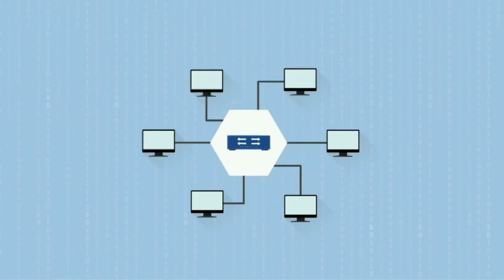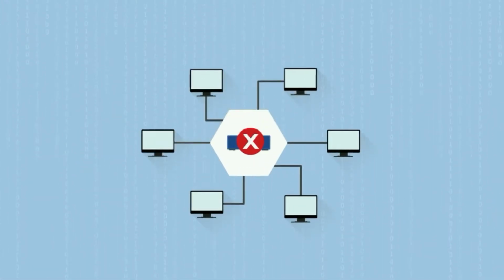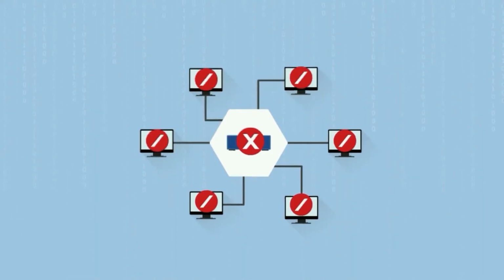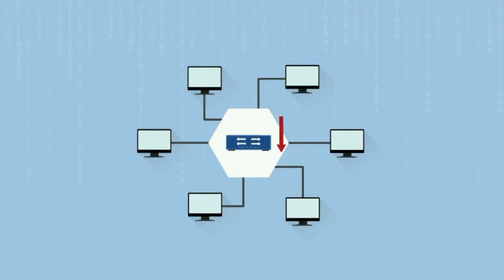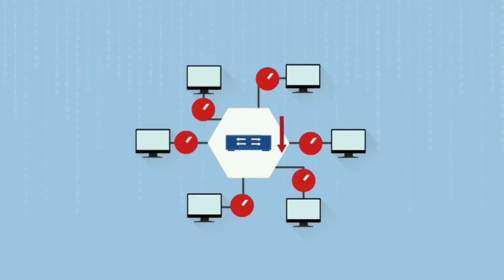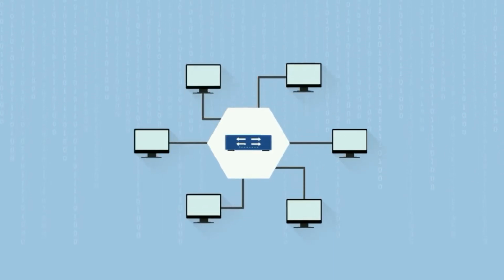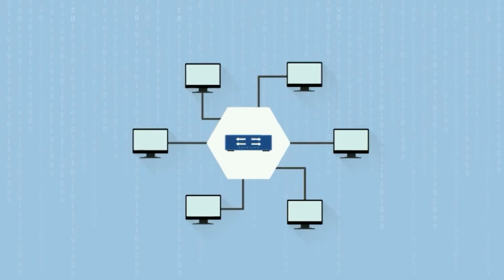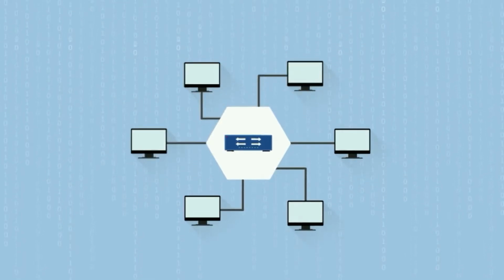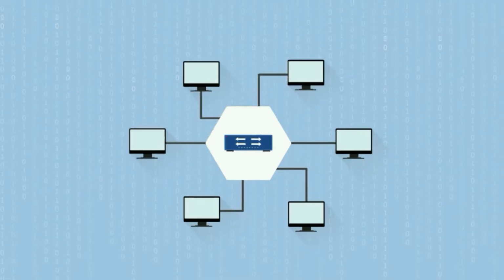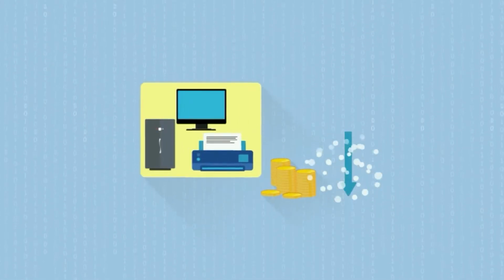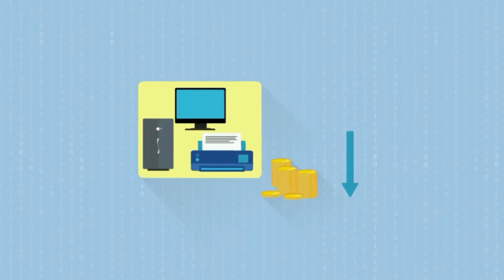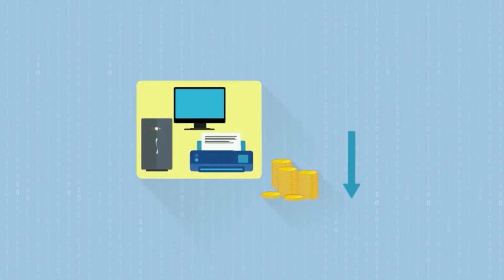If the central hub or switch fails, then everything attached to it will be effectively disabled. So in this very simple example, if that switch went down, clearly nobody could communicate with anyone. So in a lot of cases, you might see some redundancies implemented to address that. And again, that's much more common these days because the cost of hardware has gone down so much, but in earlier days, it wasn't as easy.